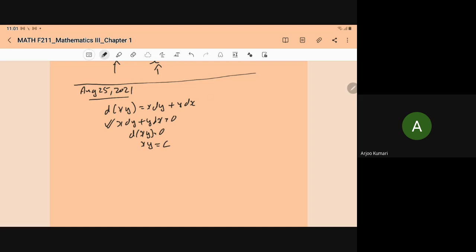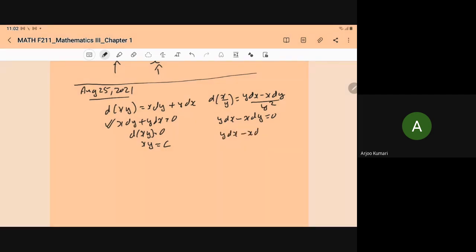If you have d of x upon y, here we have (y dx minus x dy) upon y square. So by chance, if you have the equation y dx minus x dy is equal to 0, to solve this equation, what we can do is write (y dx minus x dy) upon y square is equal to 0.